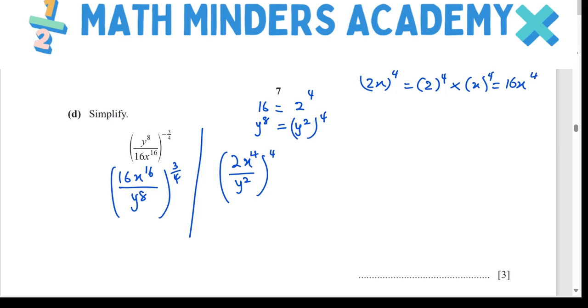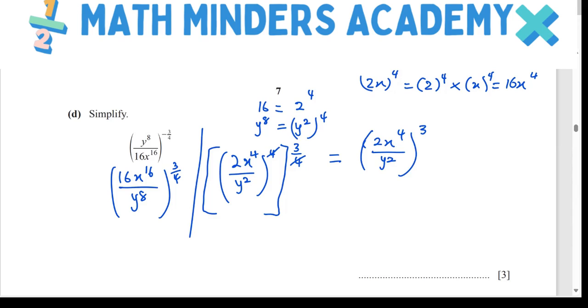Very correct now. Okay, so this is correct. So now everything here will be raised to power 3 over 4, okay? Now, this 4 here multiplies 3 over 4. This we cancel out. So this gives us 2x raised to power 4 all over y squared, all raised to power 3.